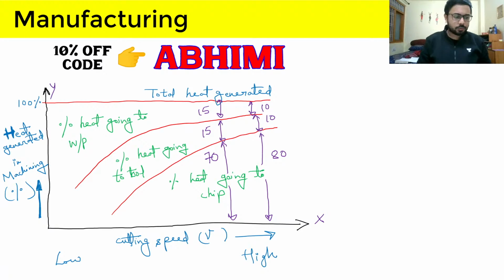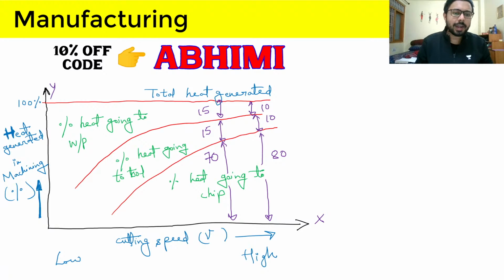You can see from this figure that at high speeds, a large percentage of heat, far larger than the percentages given to the workpiece and tool even combined, is given to the chip. So 70 and 80% from the data I have given you, just to give you an idea, is given to the chip.